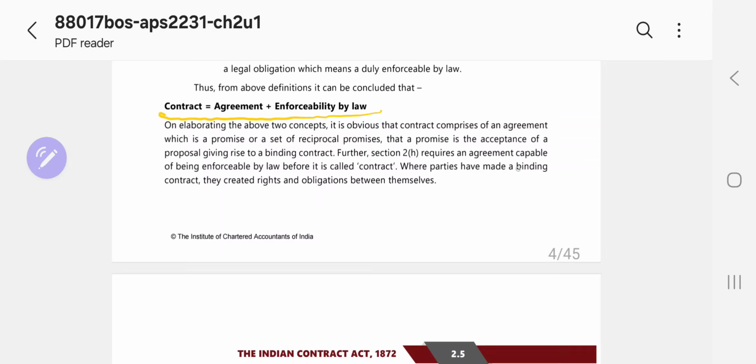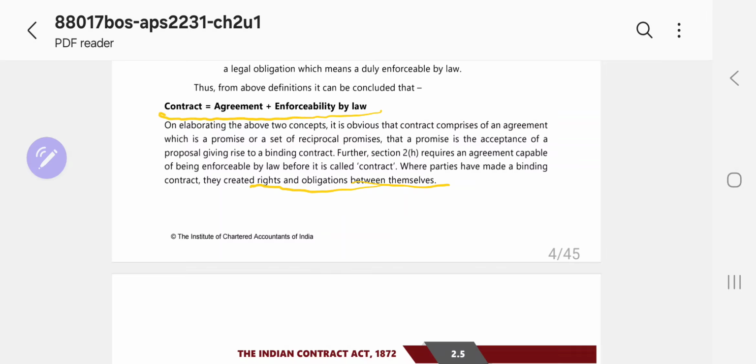Where parties have made a binding contract, they create rights and obligations between themselves. Whenever they enter into an agreement and tie that agreement to a legal obligation, there arise rights and obligations between the parties. One party has a right to deliver the laptop and another party has an obligation to pay the amount.